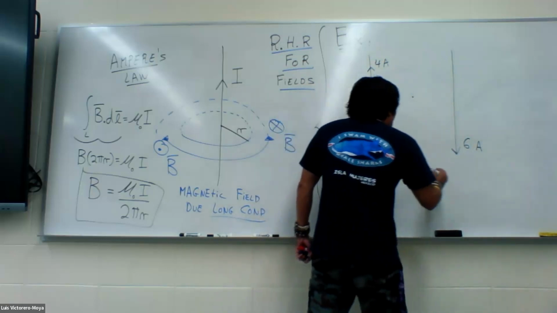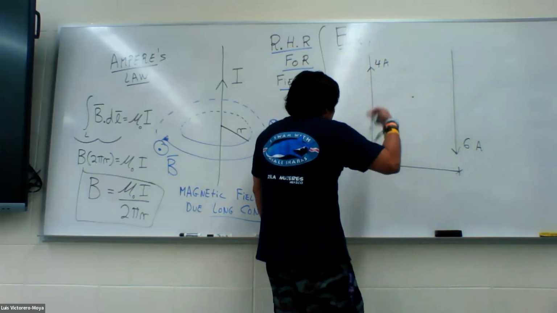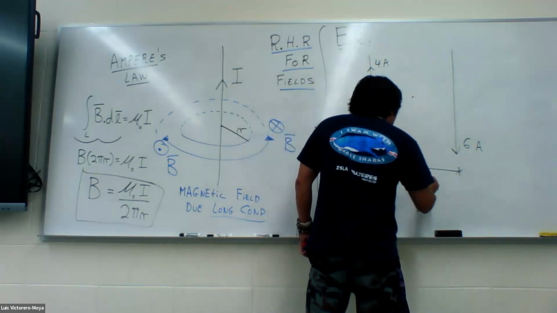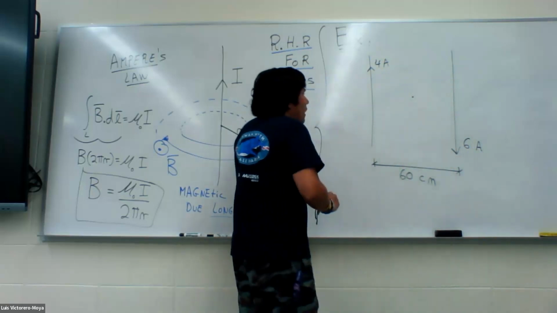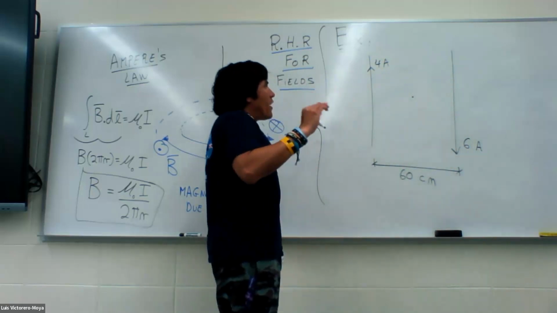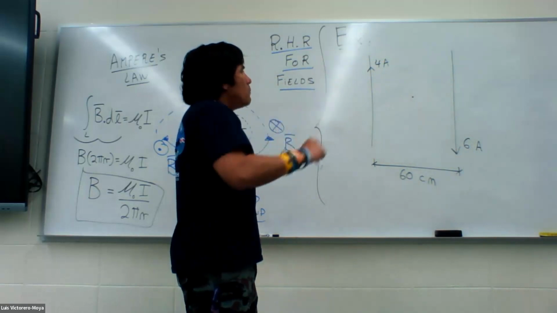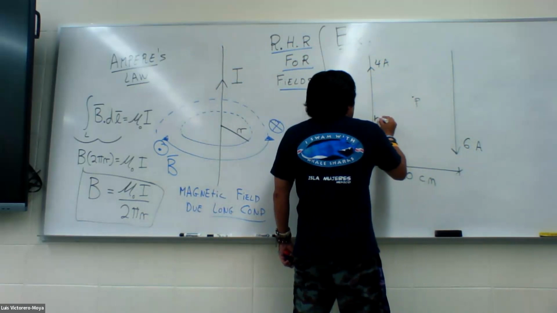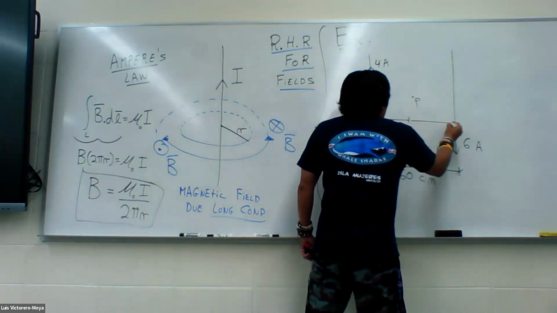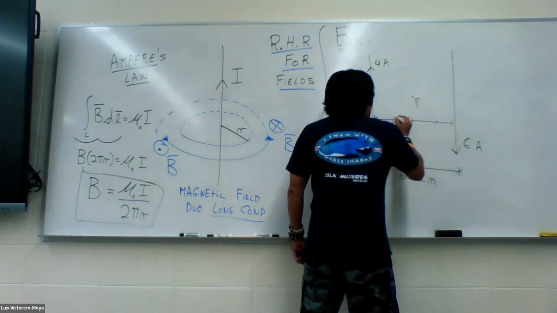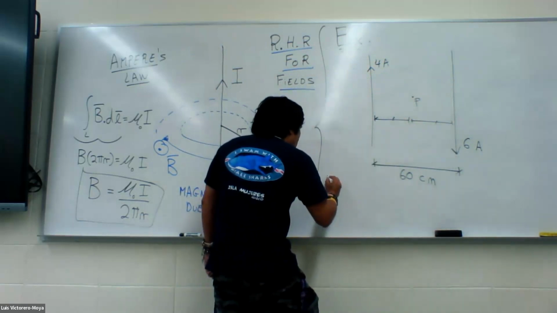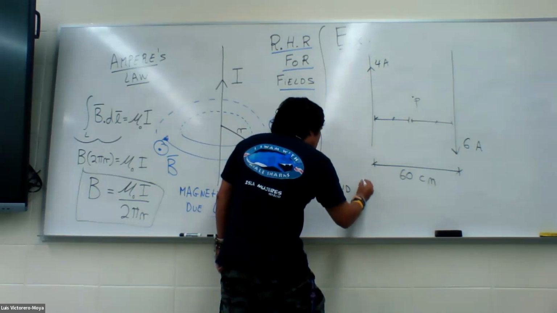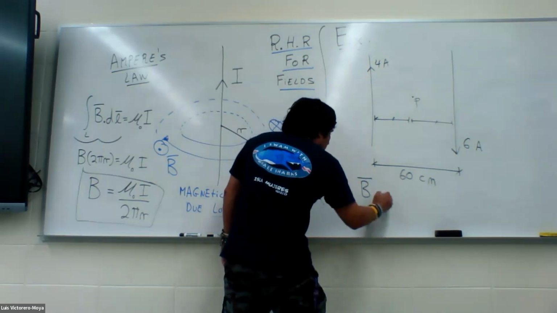The distance between these 2 cables is 60 centimeters. And you can be asked to find the magnetic field at any point. Let's suppose they want you to find the magnetic field here, which is at the midpoint. So find the magnetic field vector at point P.